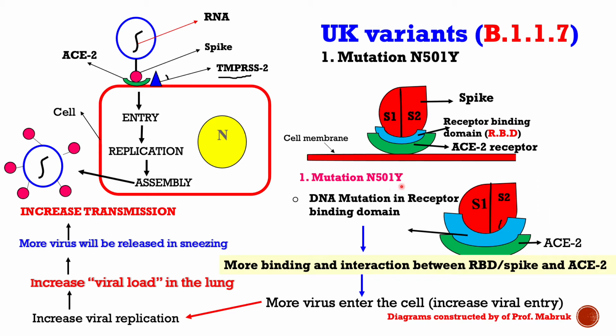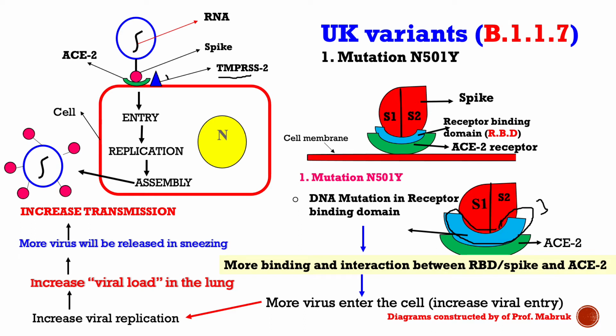This N501Y mutation will result in a change in the receptor binding domain, or the RBD, of the coronavirus, which you see here in blue color. You can see that this change in the receptor binding domain, which I'm drawing a black circle around now, will for example make it become thicker.